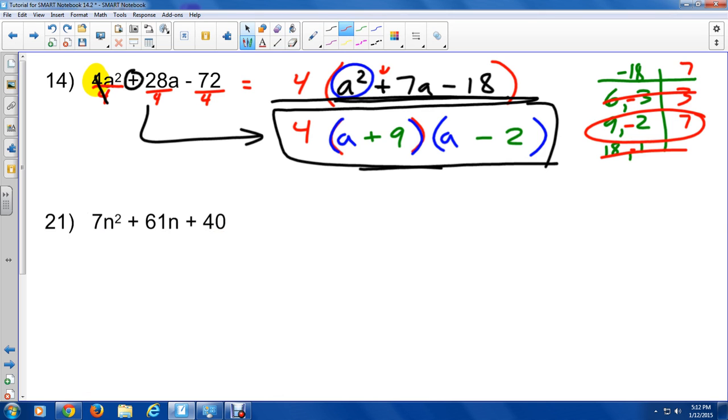A lot of you probably learned this as a method. We call it the AC method. We call it the product sum method. There's a whole bunch of different names for it. So I'm going to walk you through it.